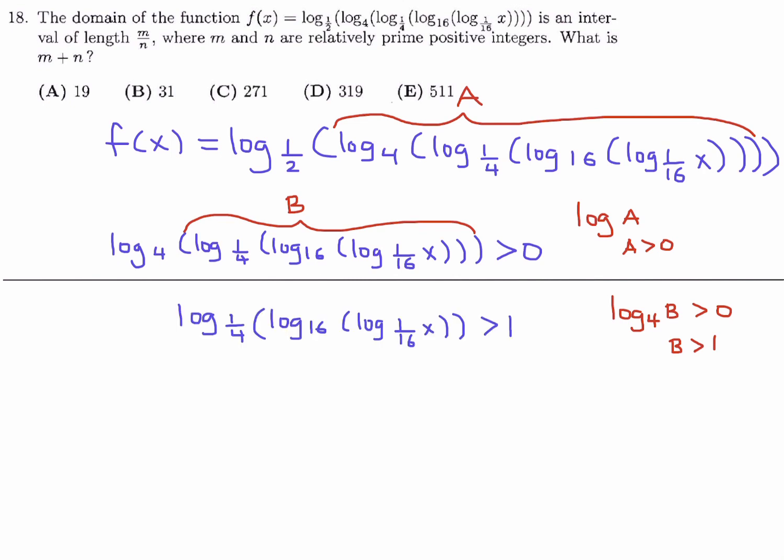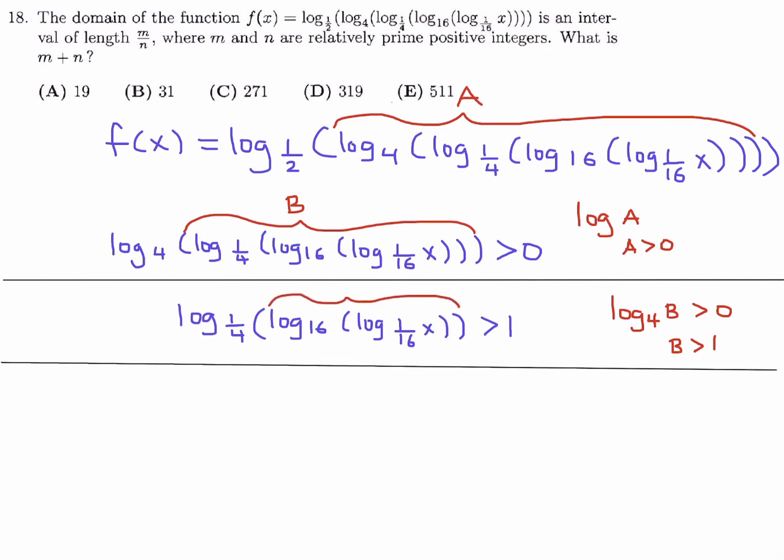So we are now moving right along, and we get to the next step. Now I'm going to call this part c. And therefore, that means the log of c to the base 1/4 is greater than 1, according to what we have written there.